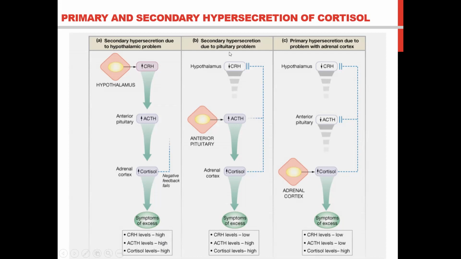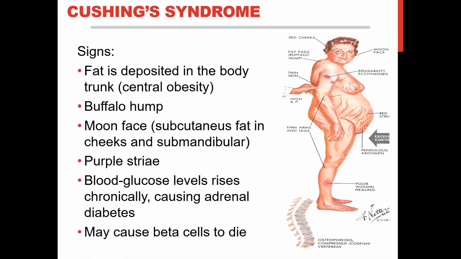And for the secondary hypersecretion due to a pituitary problem, CRH levels would be low, and ACTH levels high, as well as the cortisol levels. And for the primary hypersecretion due to a problem with the adrenal cortex, CRH is low, ACTH is low, and cortisol levels are high. So just know the difference between the three: if the problem is hypothalamic, pituitary, or in the organ itself, the adrenal cortex.